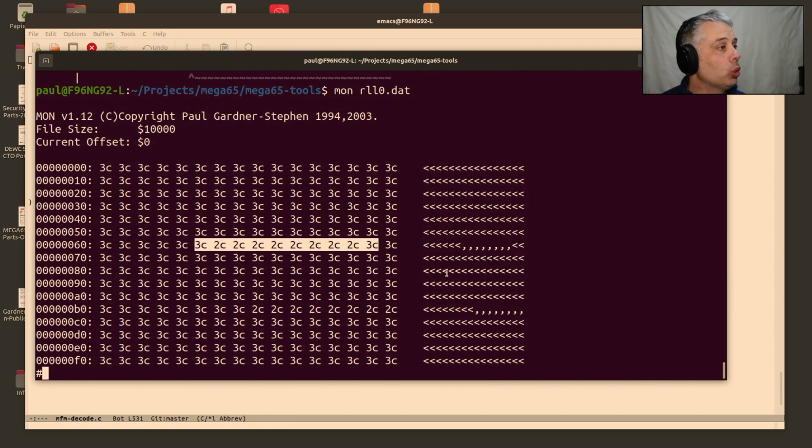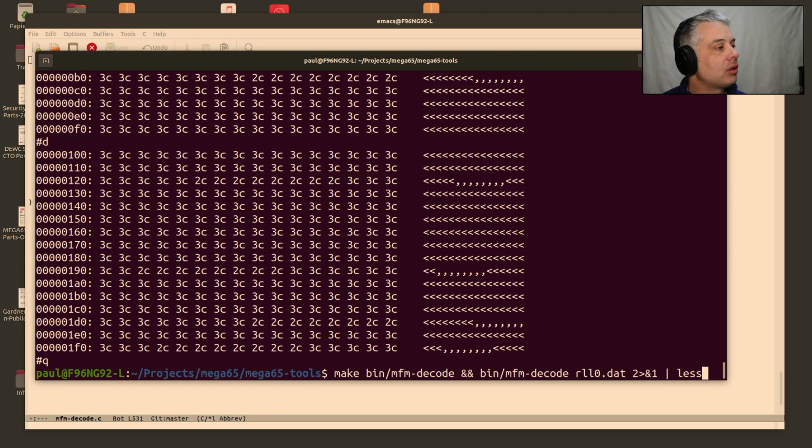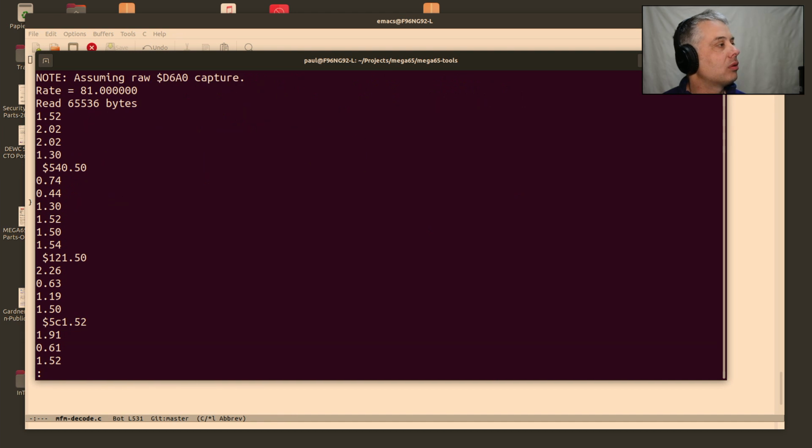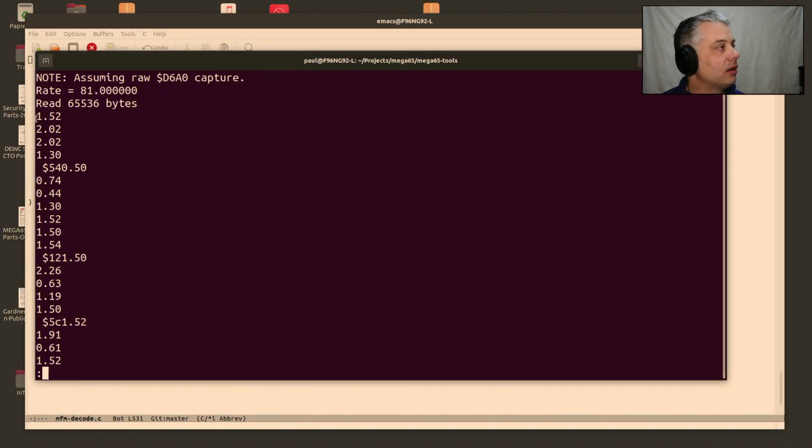So that all looks good. 1.5, 2.0. These floating point numbers that you see here are the quantized gap length, according to the MFM gap lengths.